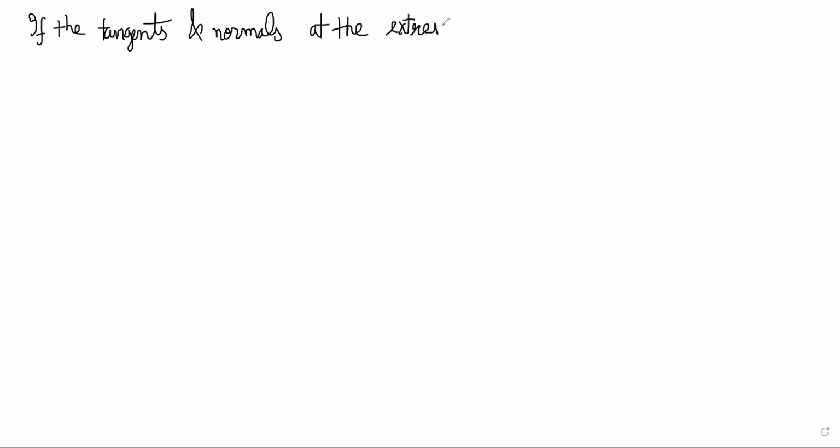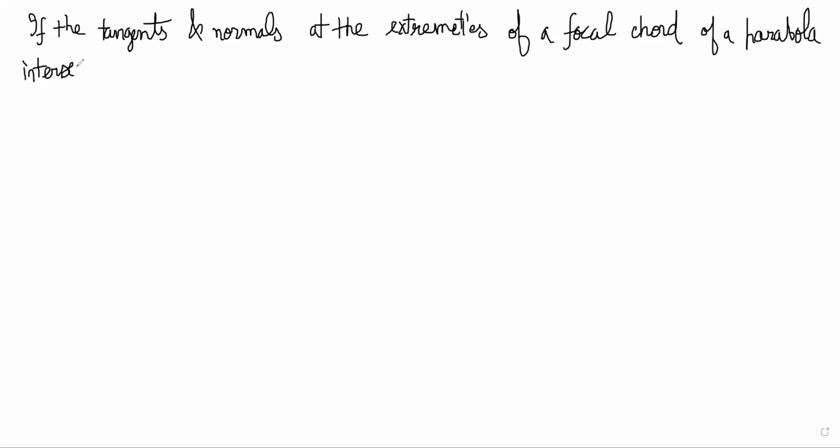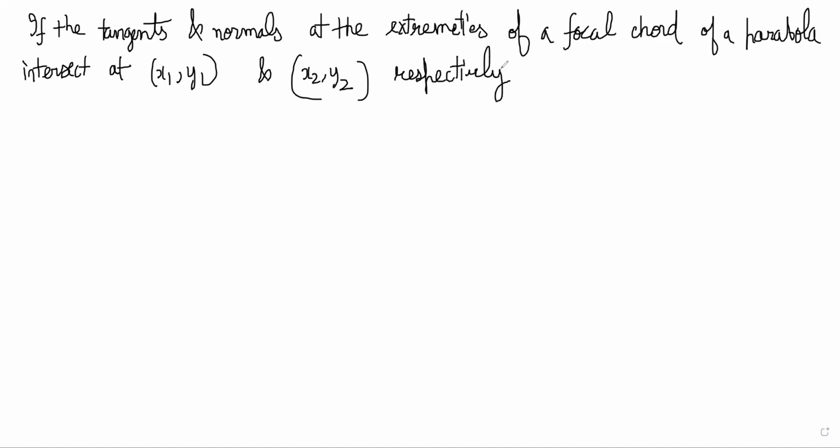The next one was: if the tangents and normals at the extremities of a focal chord of a parabola intersect at (x1, y1) and (x2, y2) respectively, then what can you say between these two?